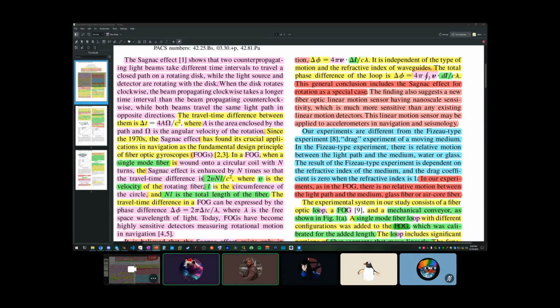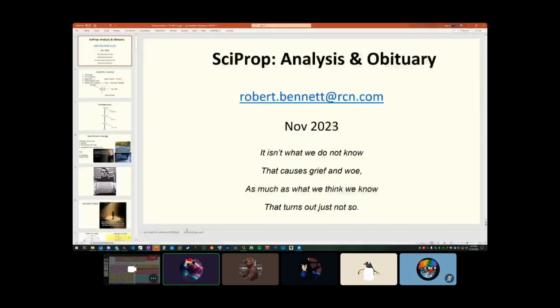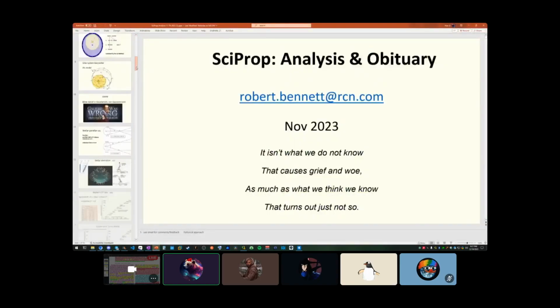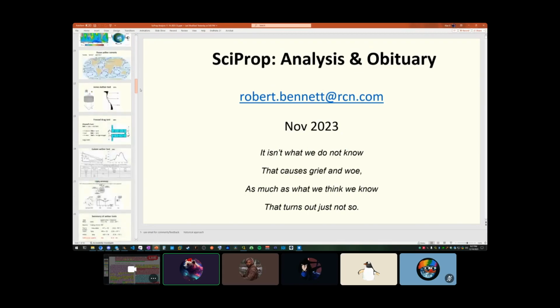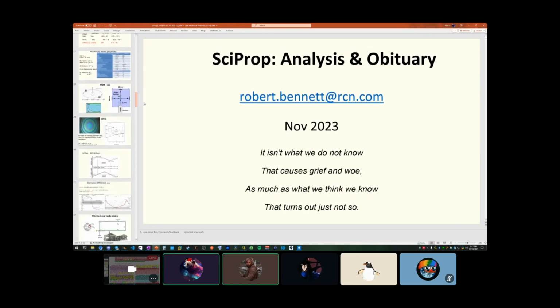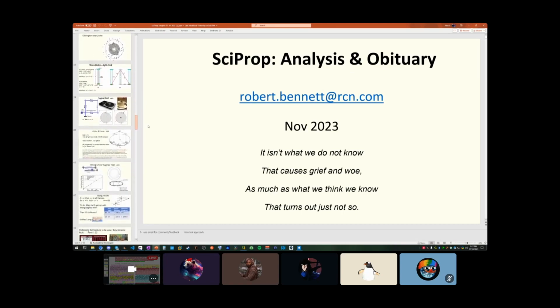I absolutely refused to look up the Fizeau experiment because the name is ridiculous. Every time I see it, there's something about it. I would never look at it. But Bennett thankfully came through with his presentation and included the Fizeau experiment, so we'll see a nice little diagram of what happened here.